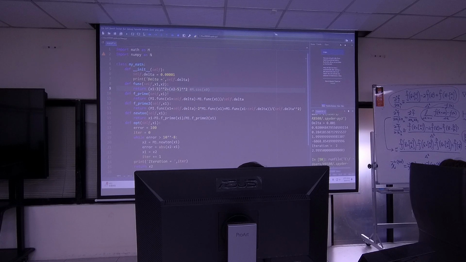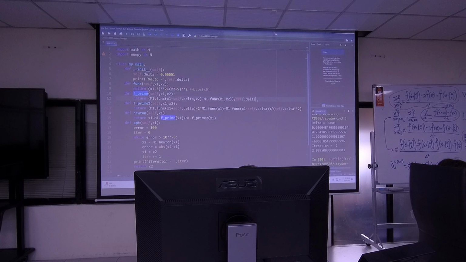Since it's two-dimensional, when I do f prime and f double prime, I need to treat it as a two-dimensional function. So for all the functions, now it is a two-dimensional problem. So over here, this is x2 here. Okay? Since this is two-dimensional, there's going to be a partial derivative.